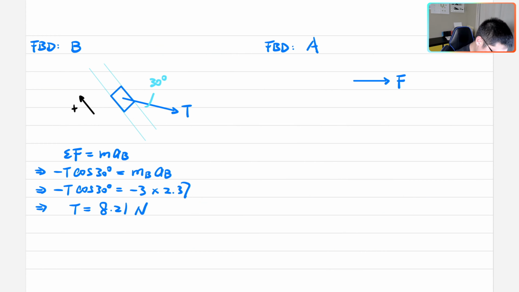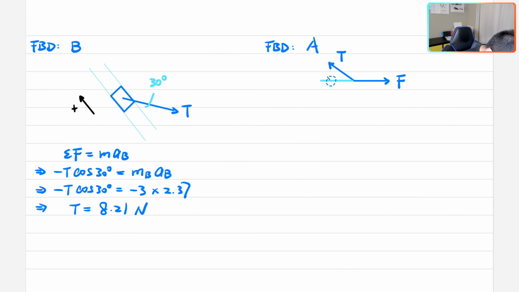At the same time, A has a force provided by the bar that is connecting A and B. We already calculated the force, which will be the same magnitude but opposite direction. So this is the T, and this is making a 30-degree angle.